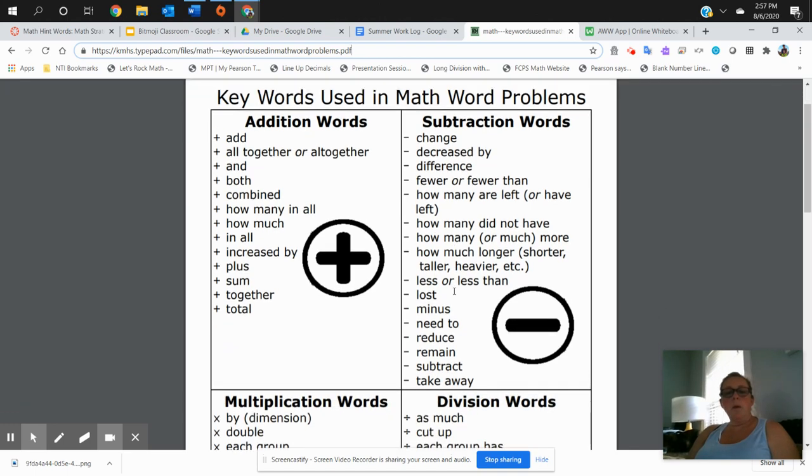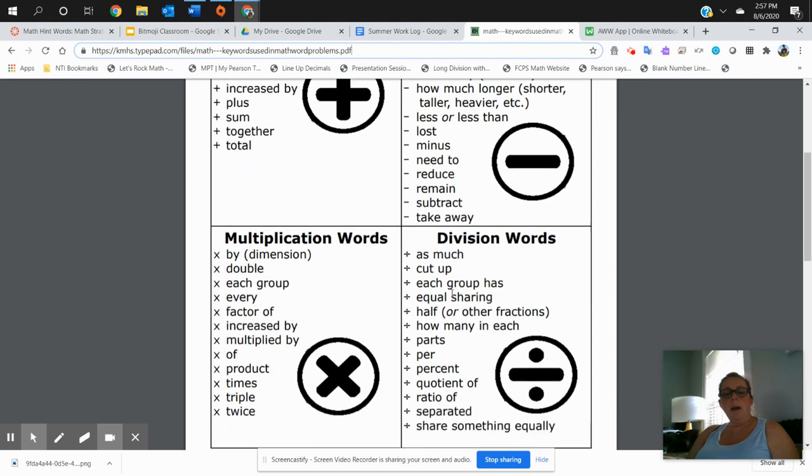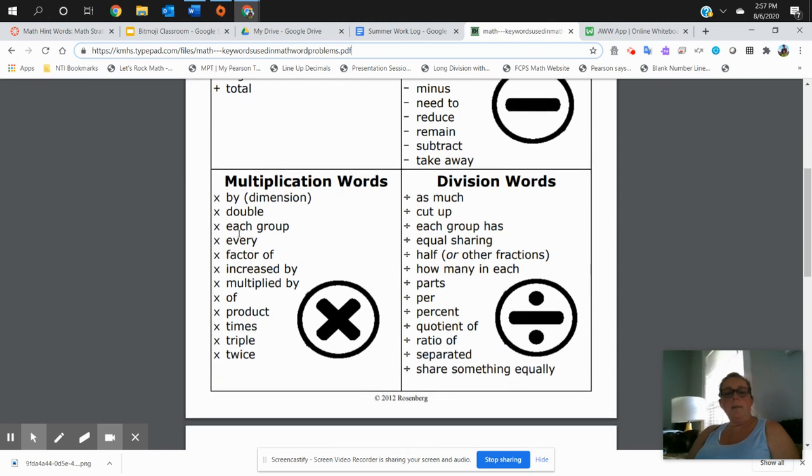Remember we were looking at the word each. I'm going to try to find that word each on this, and I see that each is right here: each group has.